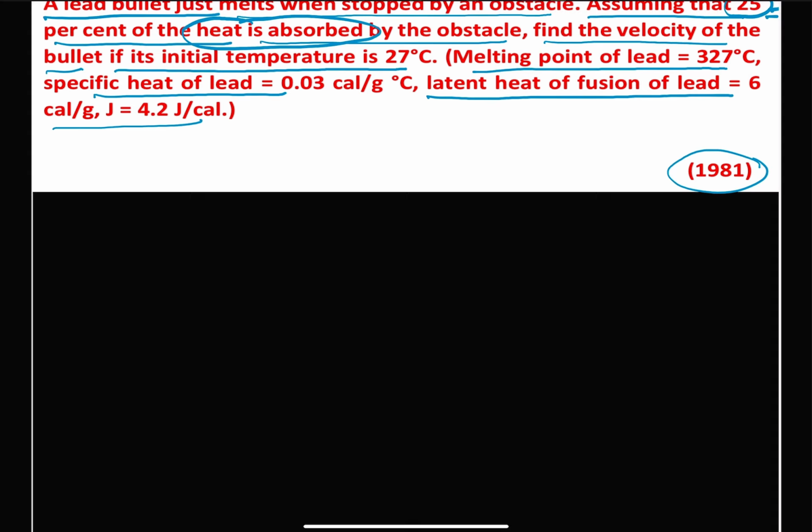We can just say it directly like that. So we are given the initial temperature of the bullet.